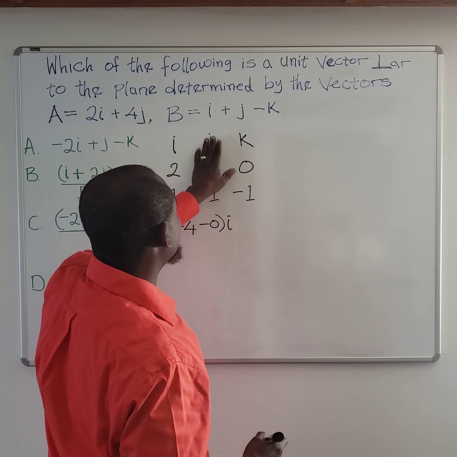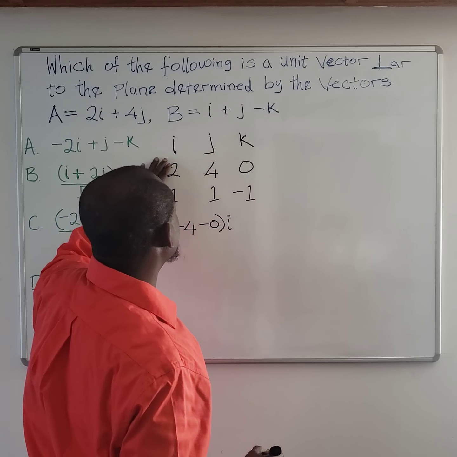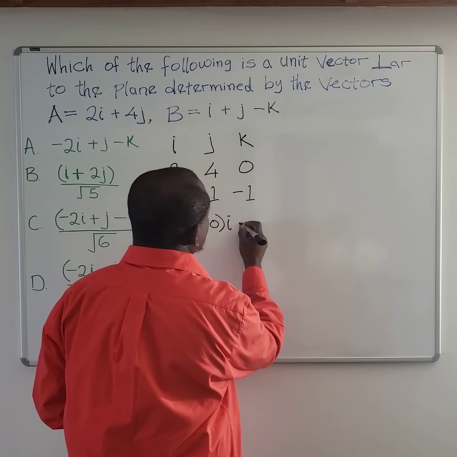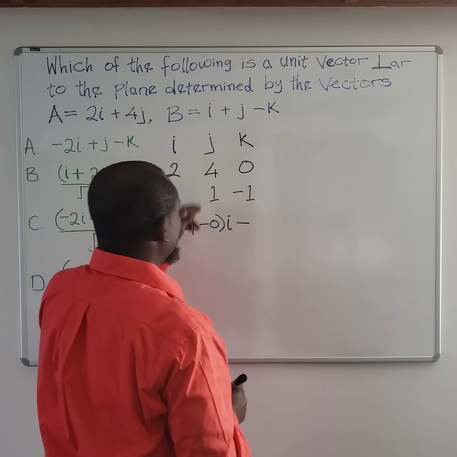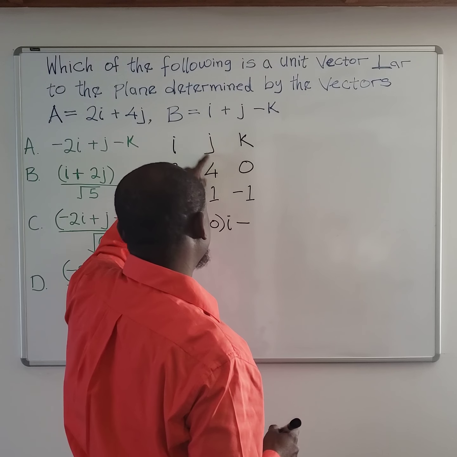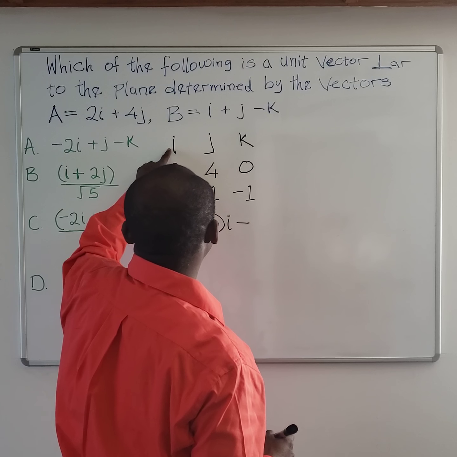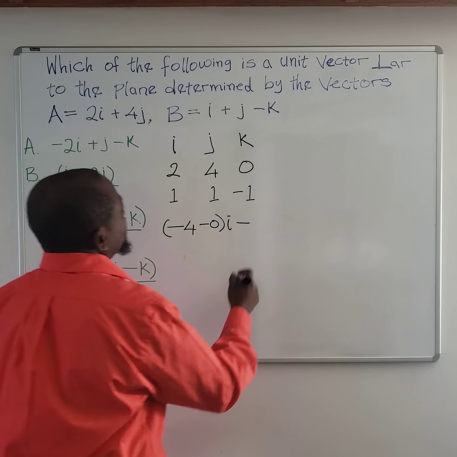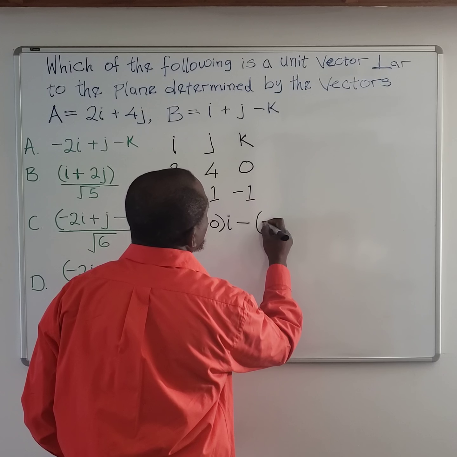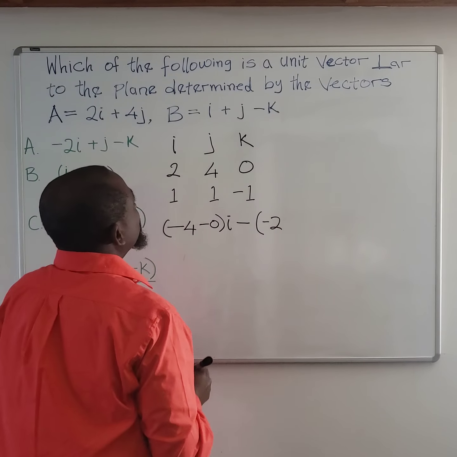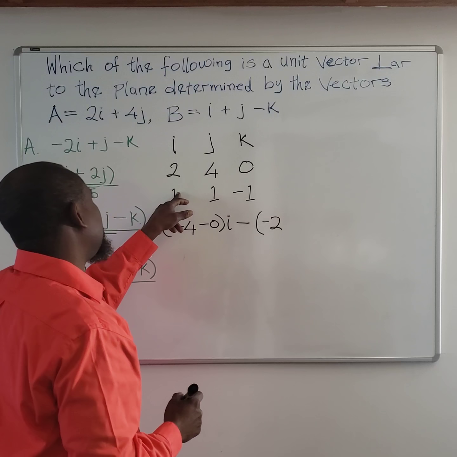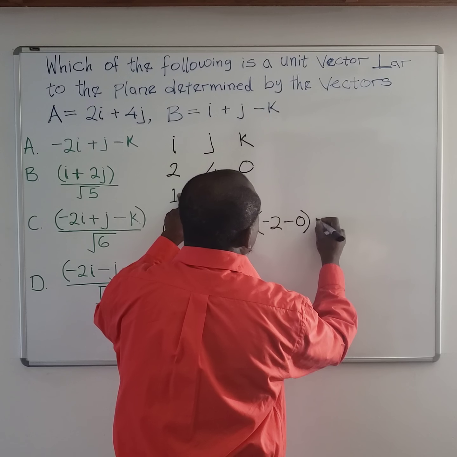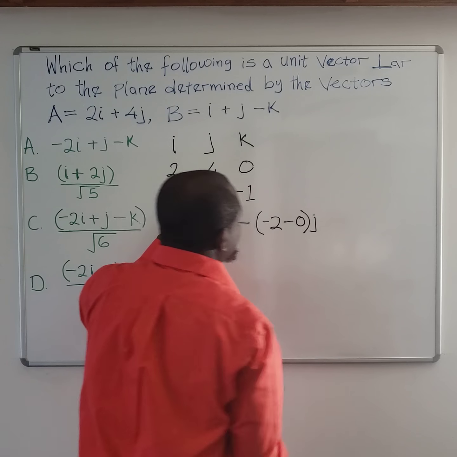So to find the j element, you cover the j up, and then you use this i and the k. Okay, and there's a negative sign here when you go to the j element. So it's 2 multiplied by -1, so that will be -2, and 0 multiplied by 1 here is 0. It's a -0, so this is the j element.